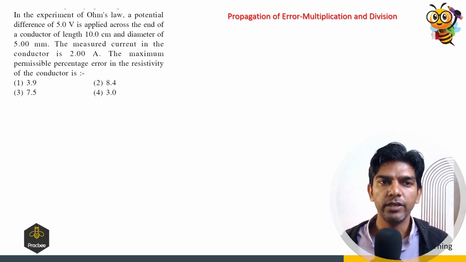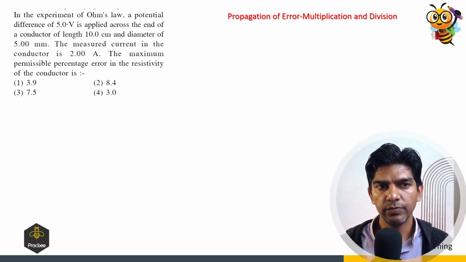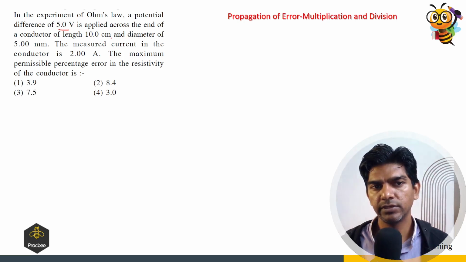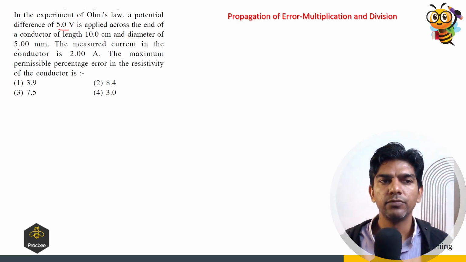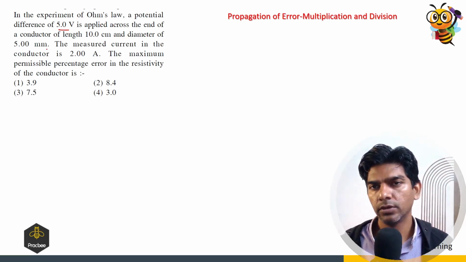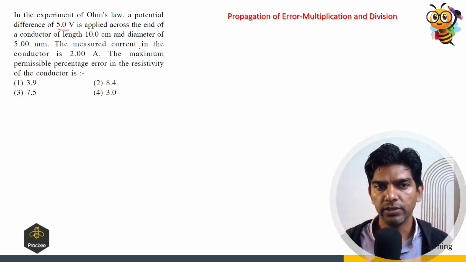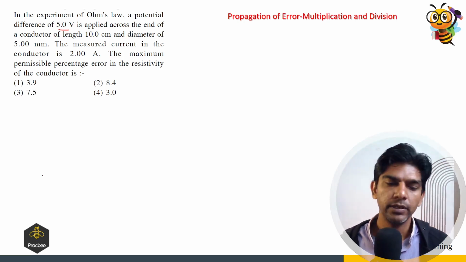Right, so in the experiment of Ohm's law, a potential difference of 5.0 volt is applied across the ends of a conductor of length 10.0 centimeters and the diameter is 5.00 millimeter. The measured current in the conductor is 2.00 ampere. The maximum permissible percentage error in the resistivity.